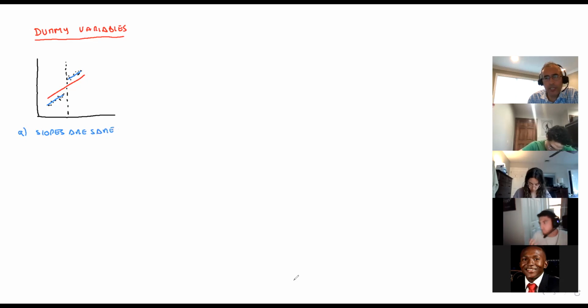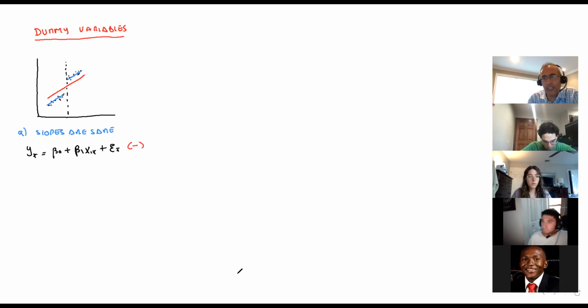If the slopes are the same, my general model, guys, is going to be y_t equals beta 0 plus beta 1 x_1t plus an error. So this one here is my red line.